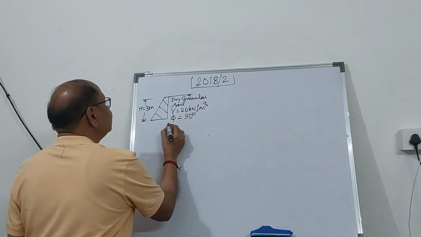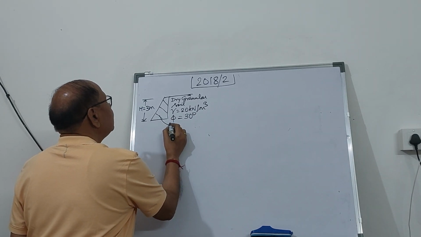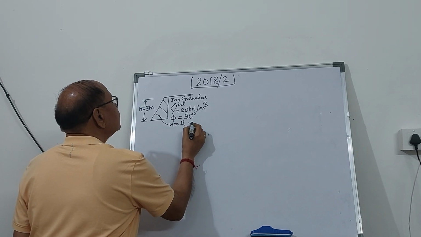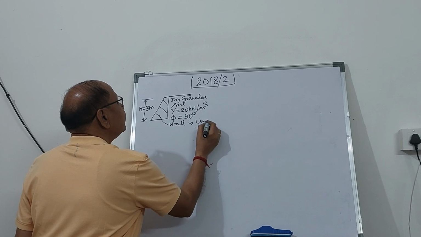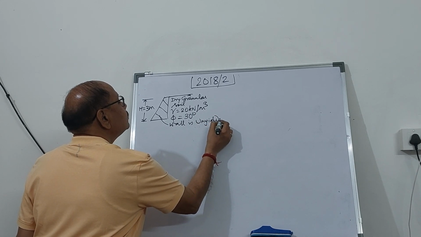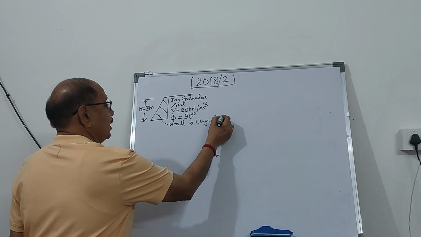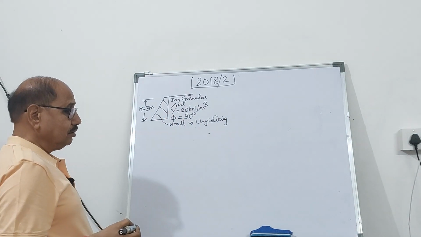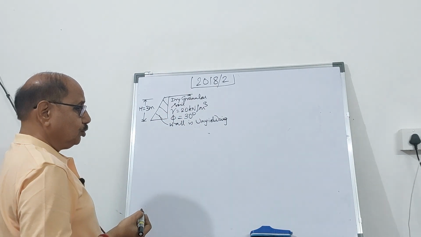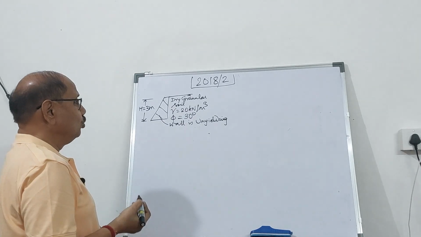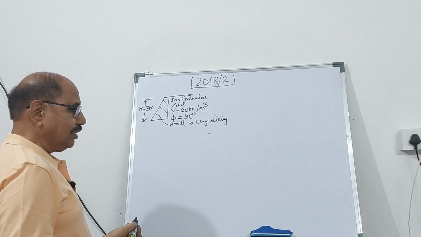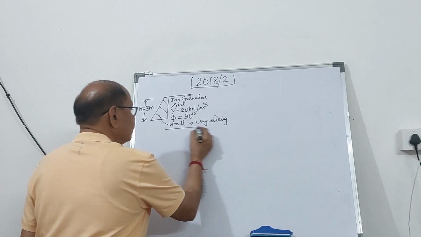And this wall is unyielding. Like if you take a gravity wall, due to huge weight, it doesn't move at all. So the wall is unyielding. This is very important.